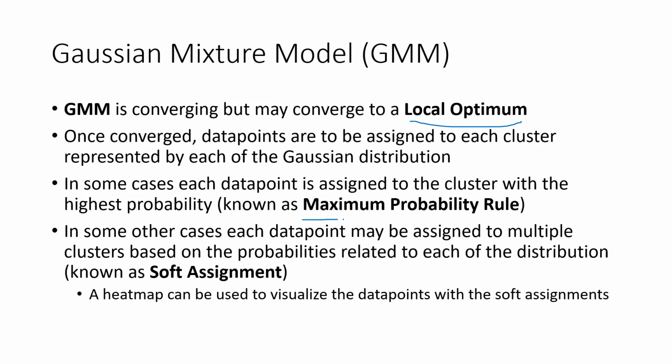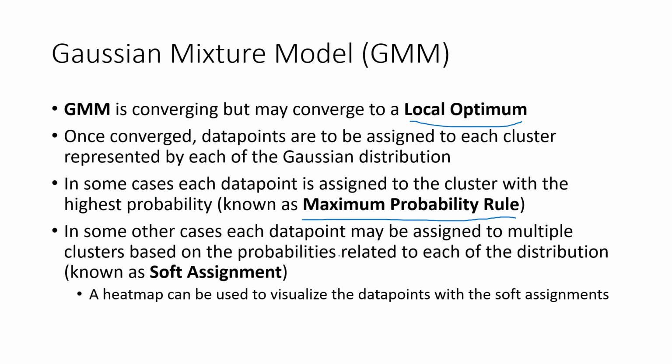That is known as the maximum probability rule. We take the highest probability and assign the cluster, because ultimately what we want is a clustering. So with these Gaussian models, we have to allocate these data points into clusters, and we can use the maximum probability rule to assign the clusters.